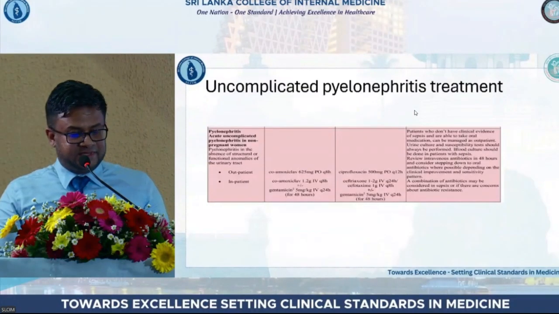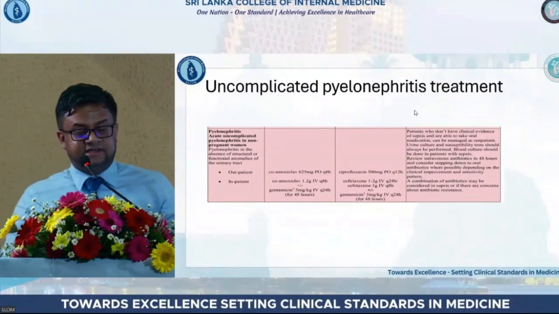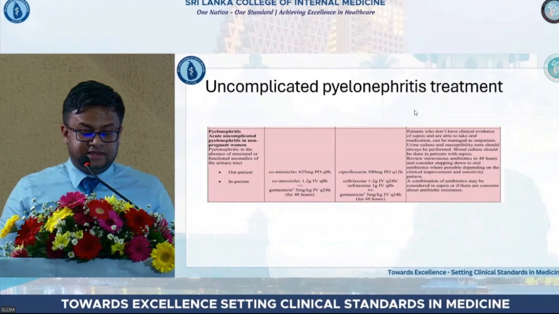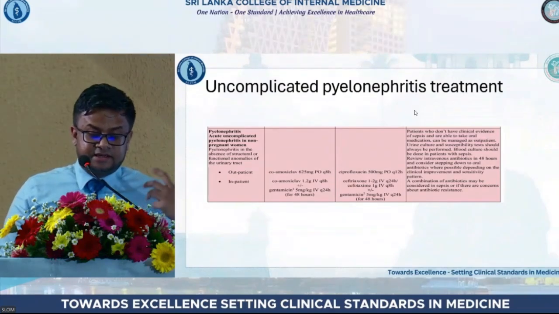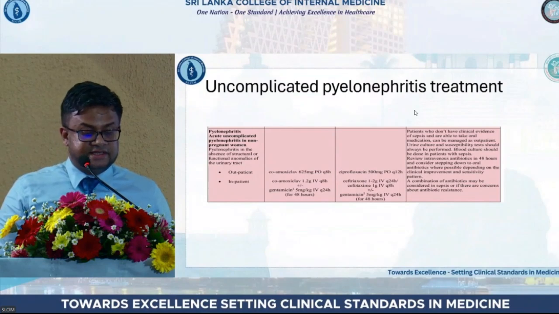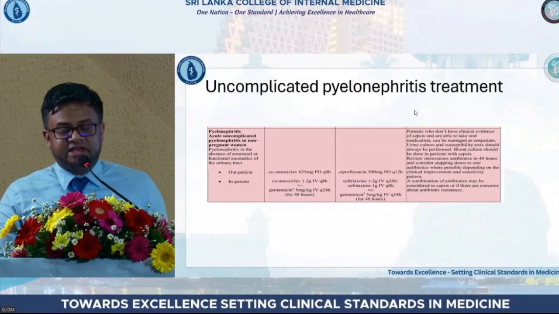Right. So if it is uncomplicated, not like in this case, what would be the antibiotics of choice? Right. So the guideline says it is either co-amoxiclav or co-amoxiclav and gentamicin, depending on the severity of the symptoms of the patient.